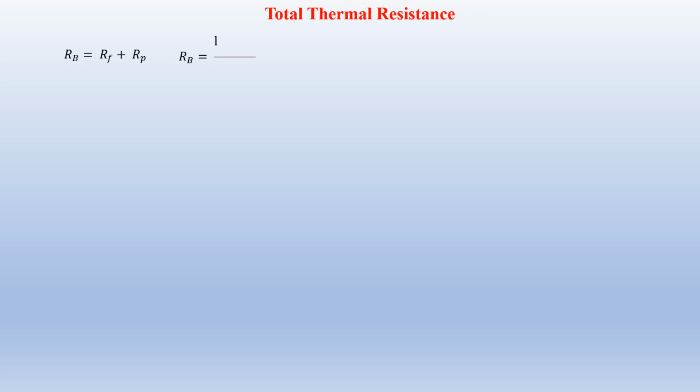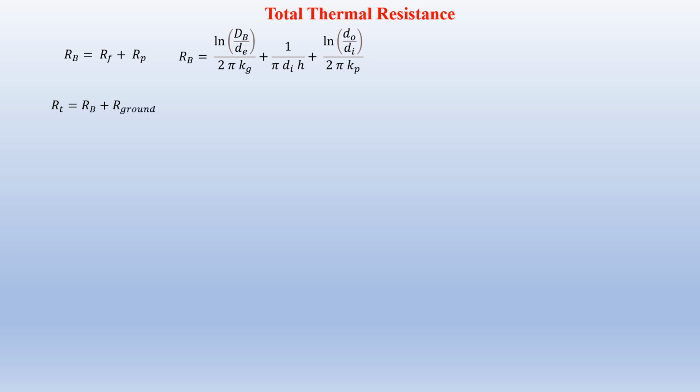Rp refers to the total thermal resistance of the fluid that passes through the tube plus, of course, that will be a convection part, plus the conduction part through the tube wall itself.